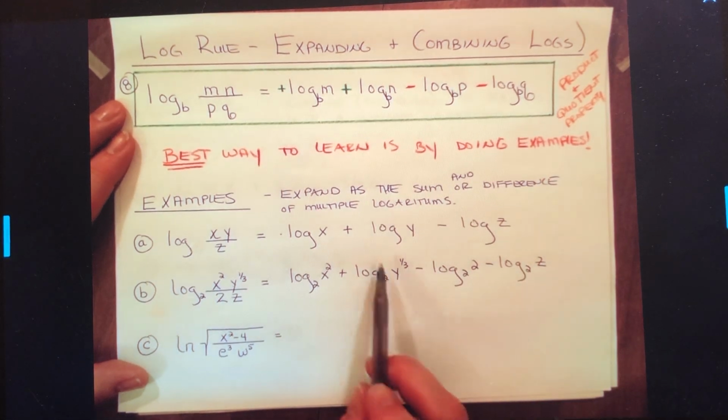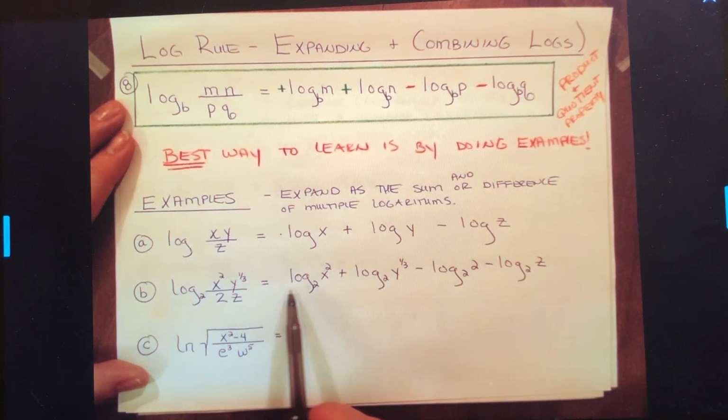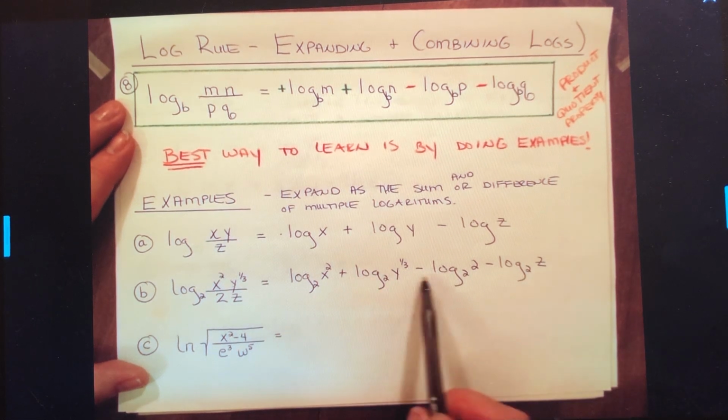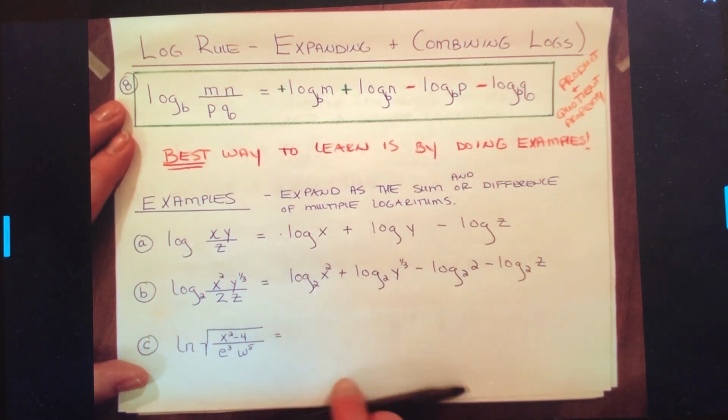Okay, so when you get to this point, you might think you're finished because we have expanded this as the sum or difference of multiple logs. However, it's generally not accepted to leave it this way.